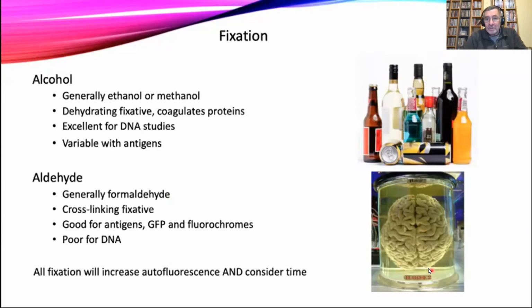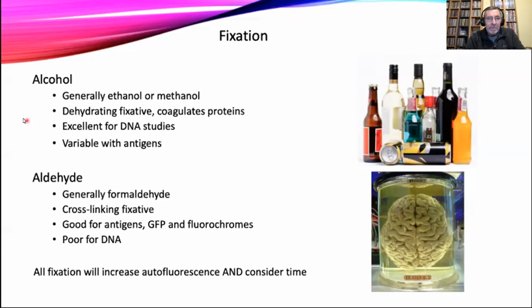But if you're going to fix your cells, you're immediately faced with a choice. What am I going to fix them in? And there are two main types of fixative we're going to come across, either alcohols or aldehydes. By alcohols, we generally mean ethanol, sometimes methanol. And alcohols work by coagulating proteins. They change the shape of proteins, which makes them very good if we're doing DNA analysis, because it removes all those proteins that are normally around DNA.